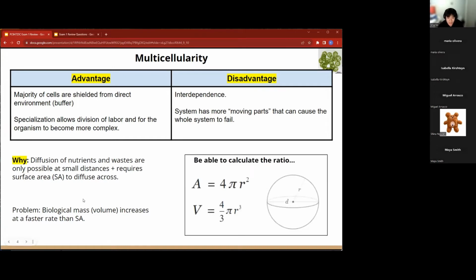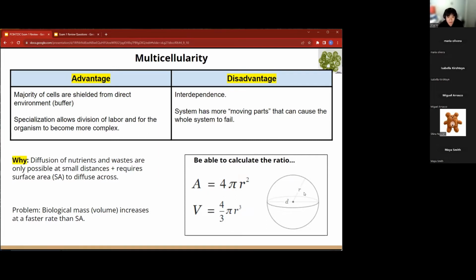Specifically, on the exam, you could be asked to calculate the ratio between surface area and the biological mass, aka volume, of a cell. I put these two equations here because these represent a sphere, and ideally, a cell is kind of in a spherical shape.